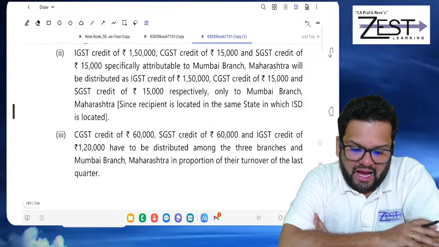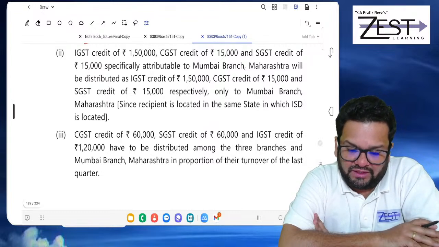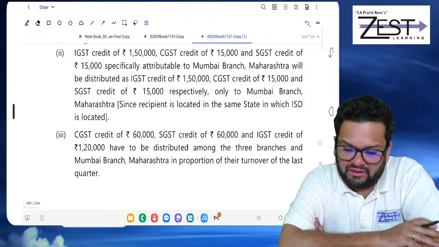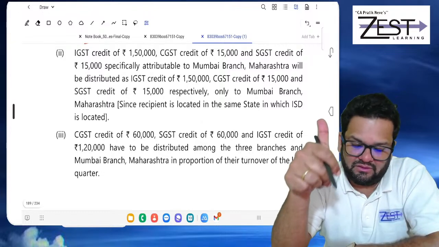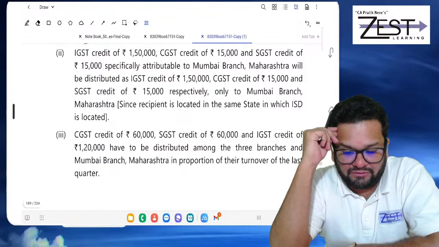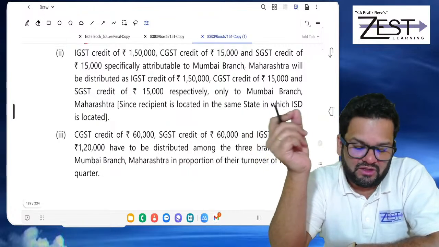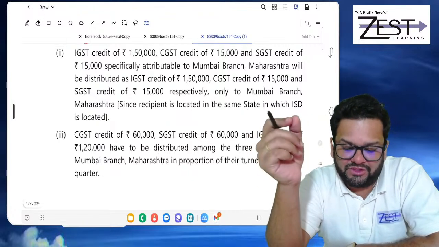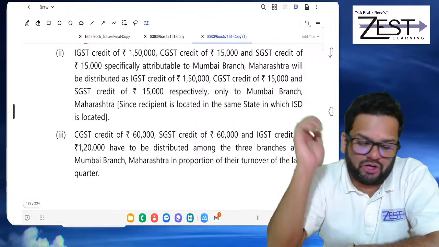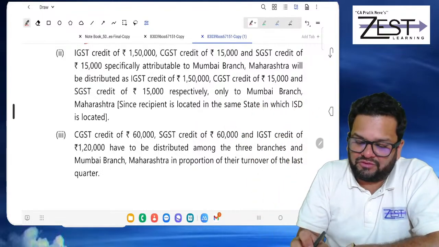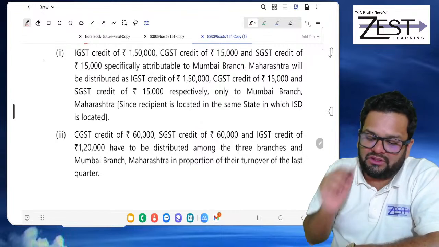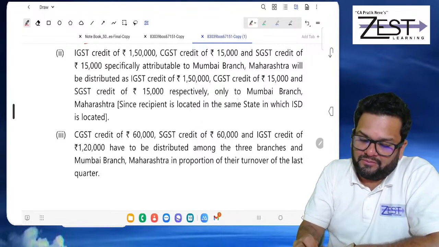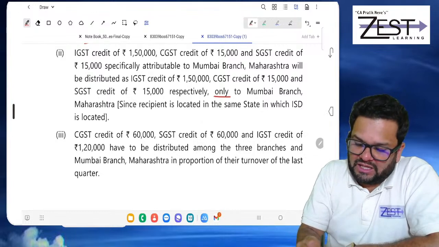Then IGST credit of 1,50,000, CGST credit of 15,000 and SGST credit of 15,000 specifically attributable to Mumbai branch, Maharashtra, will be distributed as IGST credit of 1,50,000, CGST credit of 15,000 and SGST credit of 15,000 respectively, only to Mumbai branch.